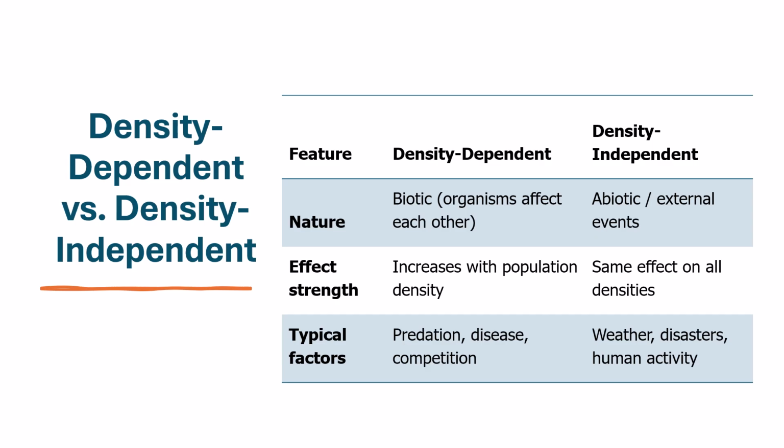On the other hand, density-independent factors are external, abiotic, and unpredictable, hitting large and small populations equally. Think of it this way: dependent factors act like a thermostat system regulating temperature gradually, while independent factors behave like lightning strikes, sudden disruptions, often devastating.